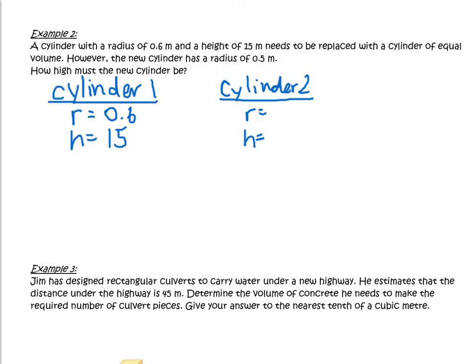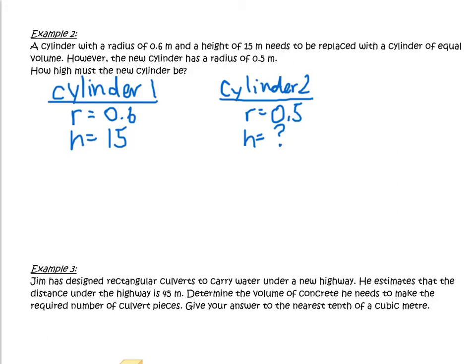Compare that to the radius of cylinder 2. Julia, what's the radius of cylinder 2? And what's the height of cylinder 2? It doesn't say. That's what we're trying to find.